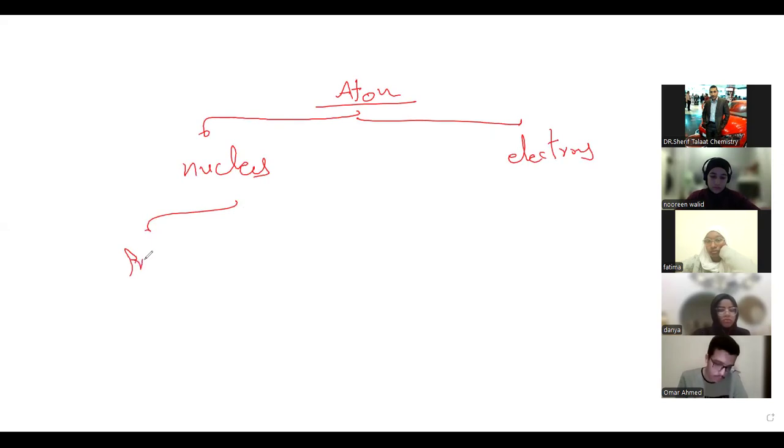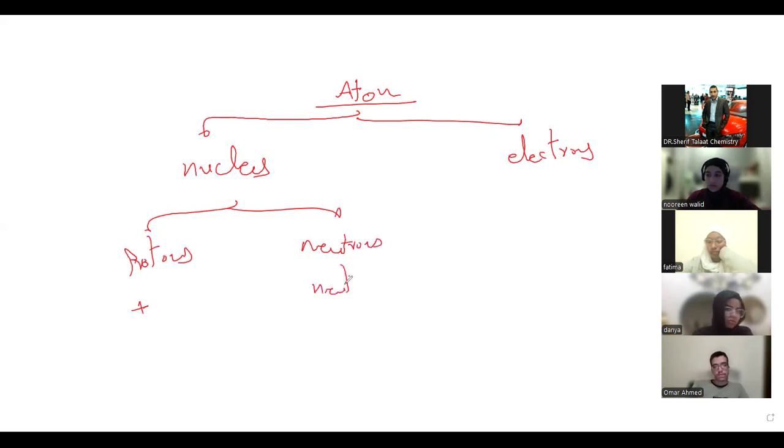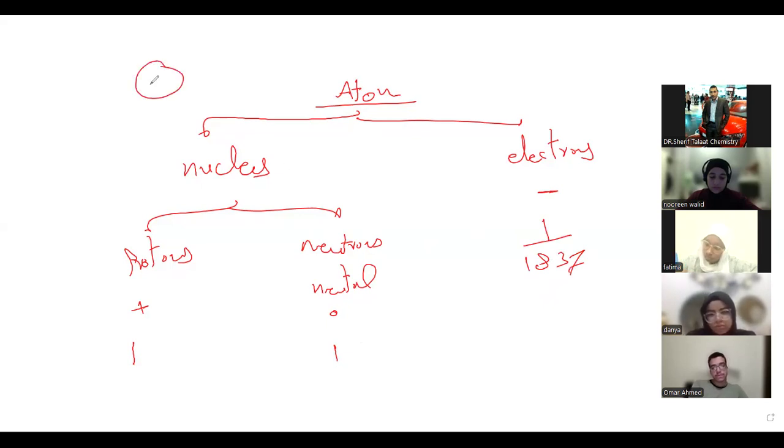Nucleus contains protons, which is positive, neutrons, which is neutral or there is no charge, 0, and electrons, which is negative charge. The mass of protons 1, mass of neutrons 1, mass of electrons 1 over 1837. This is the structure of atom. Protons, neutrons, revolves around them electrons.